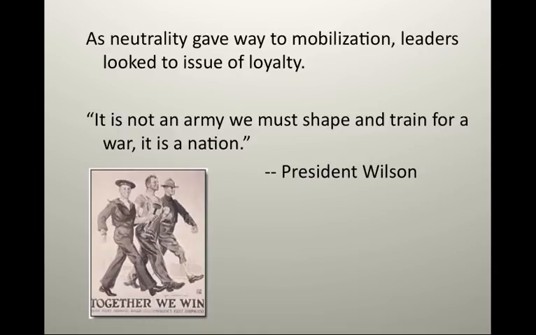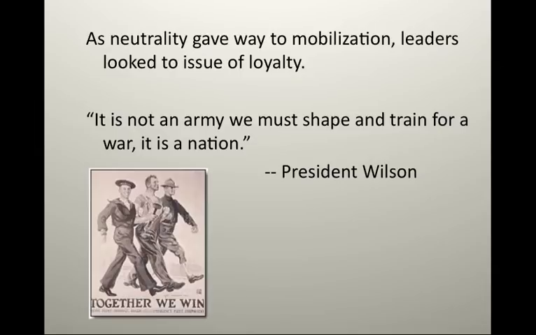Now, as America's neutrality in the war gave way to mobilization, America will enter the war in 1917, as you'll read in your textbook. Leaders were nervous about this issue of immigration and diversity, and looked quickly to the issue of loyalty.